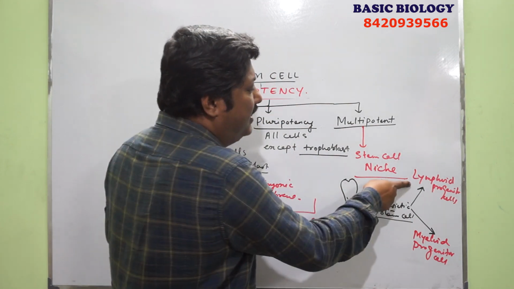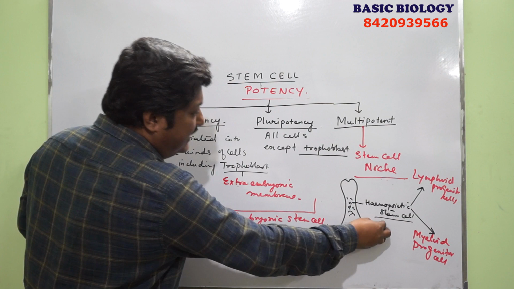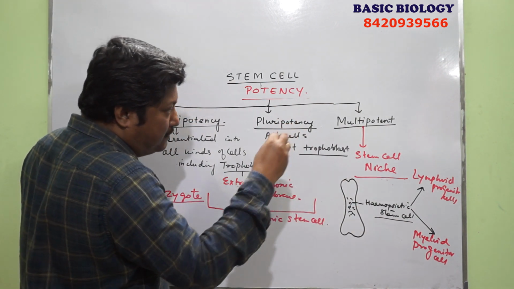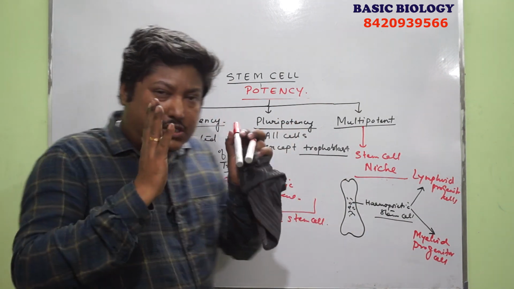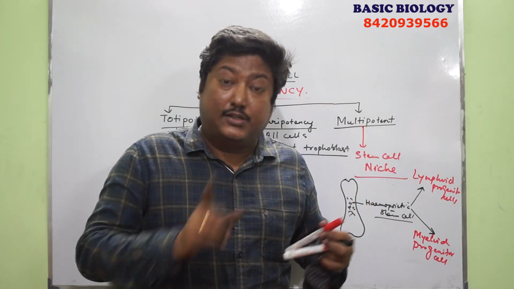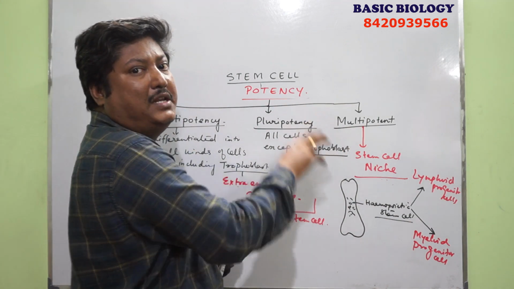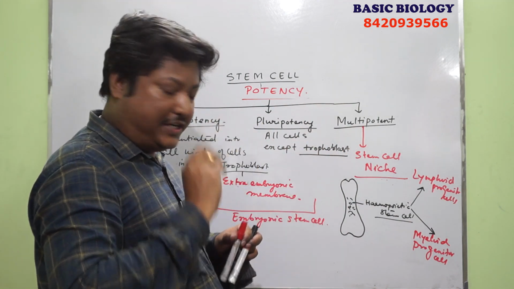But these hemopoietic stem cells are specialized for a very small number of cells. They are not differentiated into all types of cells. That's why they are called multipotent stem cells, because their commitment is limited or restricted.